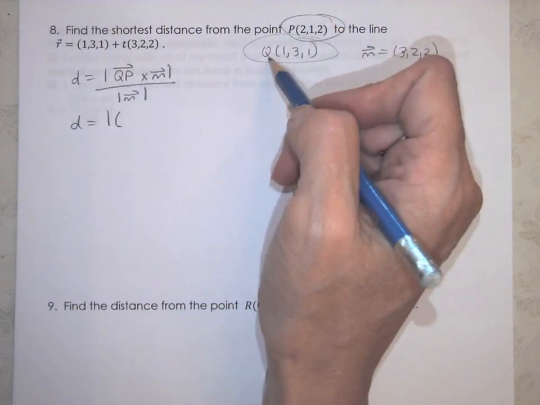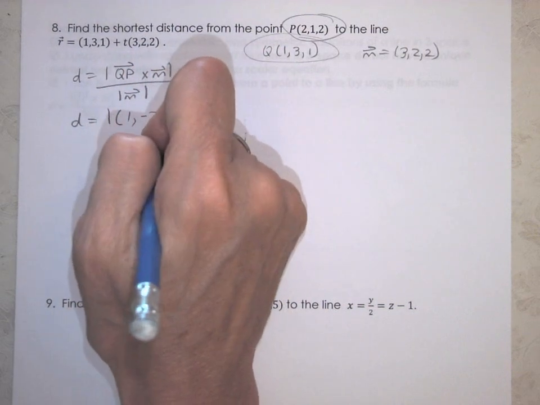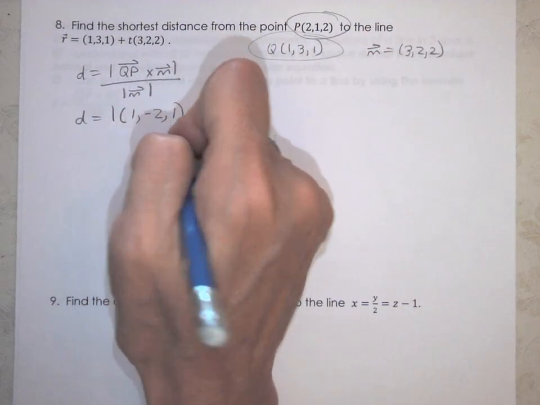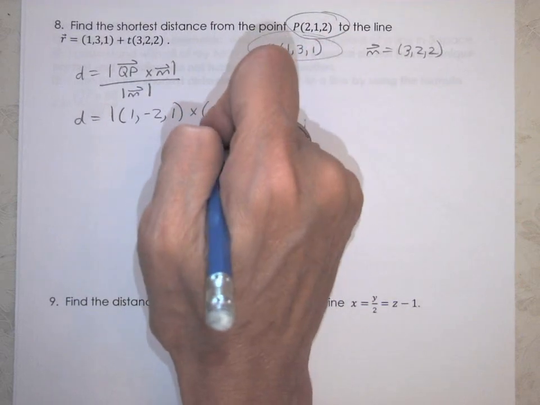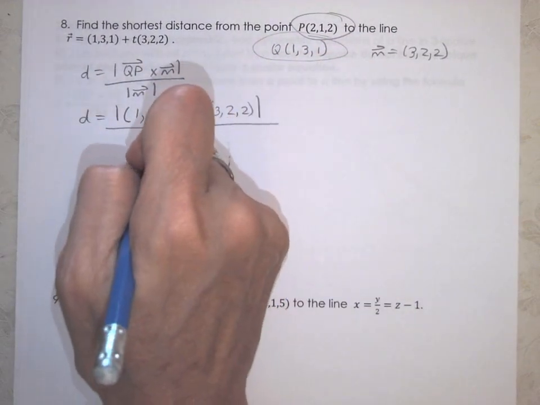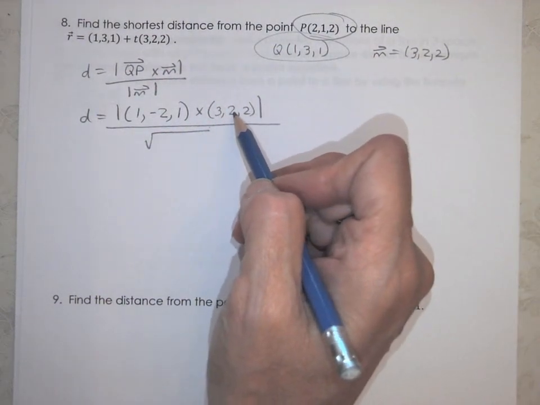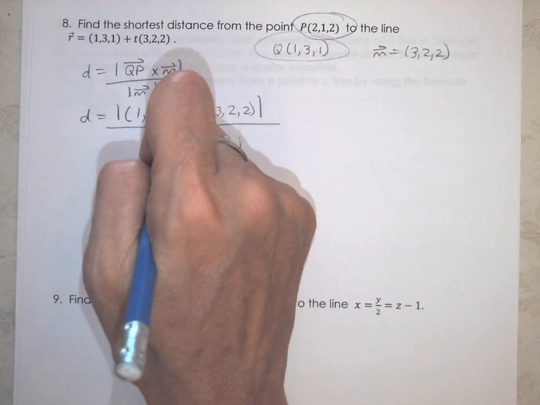QP is going to be 2 minus 1 is 1, 1 minus 3 is -2, 2 minus 1 is 1, crossed with our direction (3, 2, 2), magnitude of that over the magnitude of the direction vector. So it's going to be 9 and 4 is 13 and 4 more is 17.